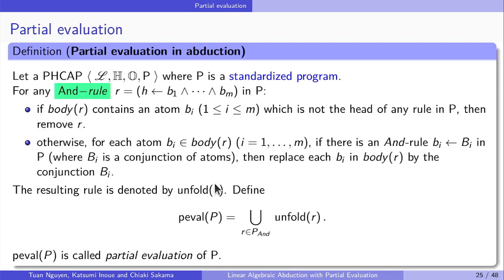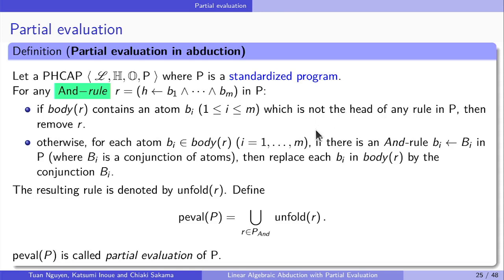So this one is a partial evaluation of the abduction. Here we have P-cap, and the program is in standardized format. For any rule in this form, if the body contains an atom bi which is not the head of any rule in P, then we just remove it because we have no way to explain the rule.